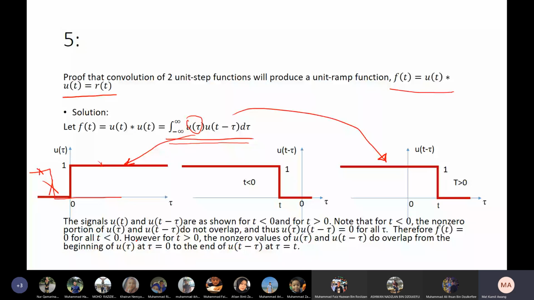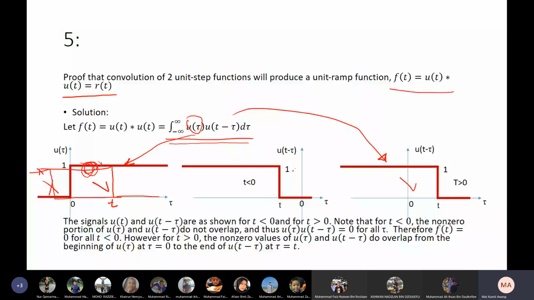However, for t greater than 0, the non-zero values of u of tau and u of t minus tau do overlap. This graph will overlap with this one, because it now becomes like this. This is the overlapping part, where t is greater than 0, and this will overlap up to infinity.